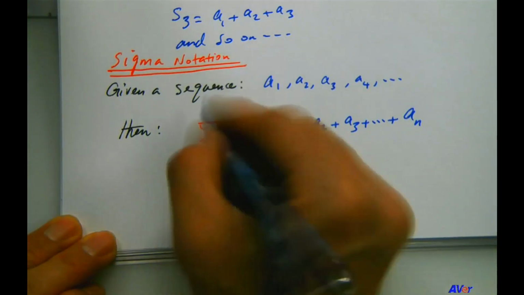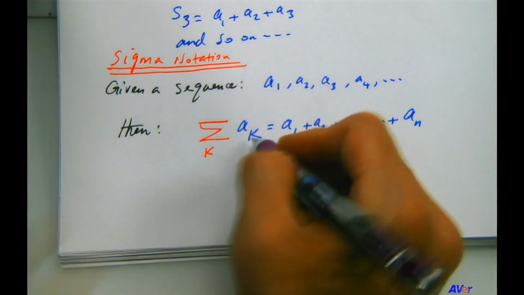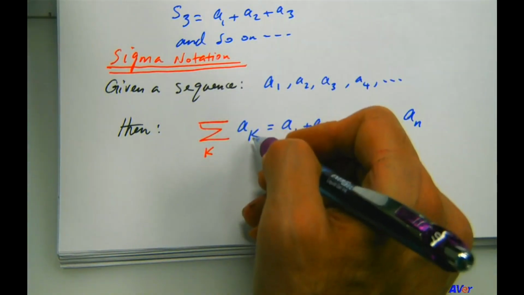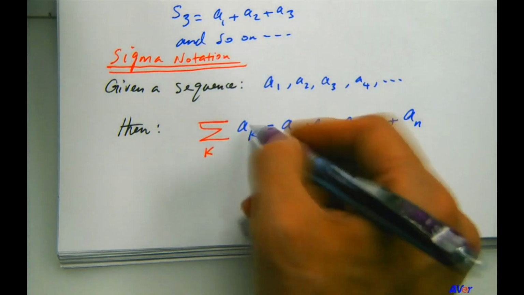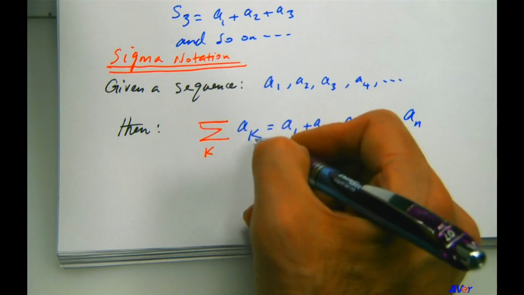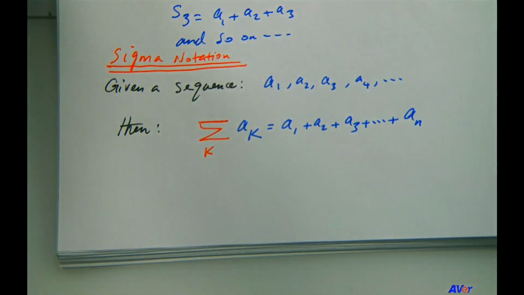The index is, let's call it K. In this case, it's being called K. This K is not fixed. A lot of times it's called I, so A sub I rather than A sub K. And I'm trying to be consistent with your textbook, so I use K because your textbook uses K. If they used I, I would have used I.